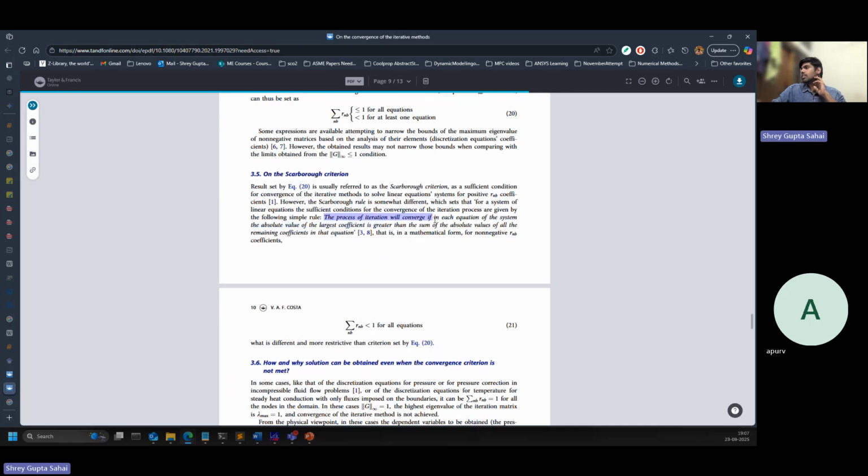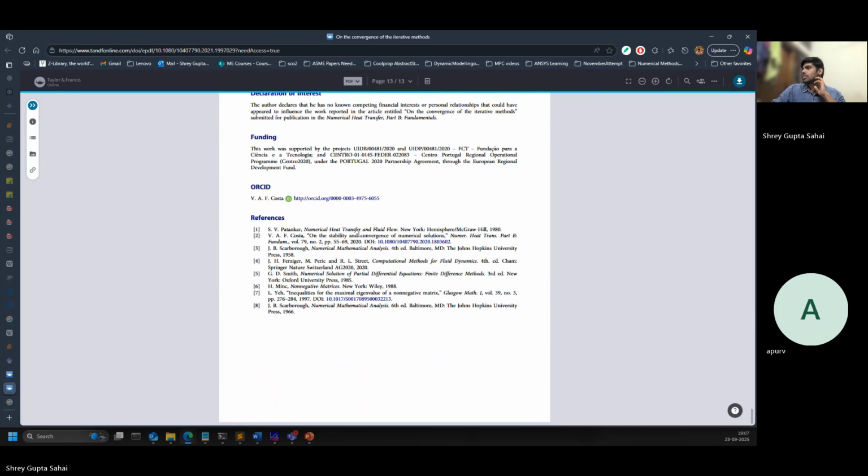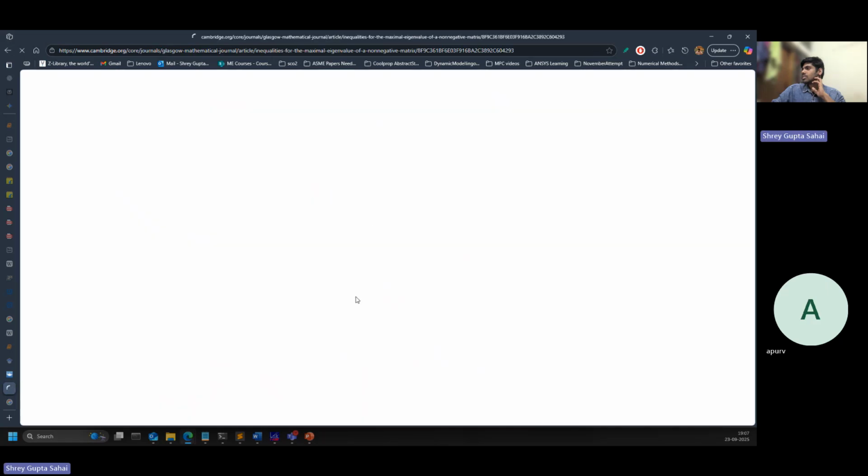The process of iteration will converge if in each equation of the system, the absolute value of the largest coefficient is greater than the sum. I don't think Patankar mentions this, but sure.